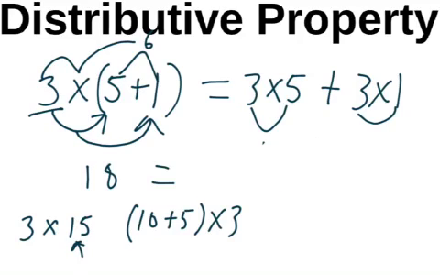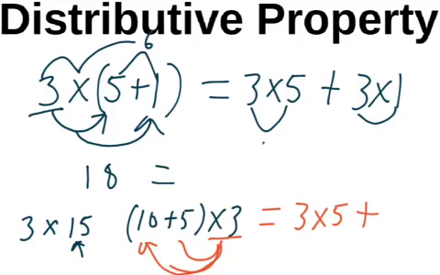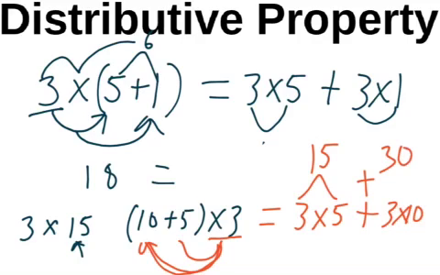Then all I have to do is distribute my times 3 to the 5, and then to the 10, and then add them up. So I know that 3 times 5 plus 3 times 10 would be 15 plus 30, which equals 45.